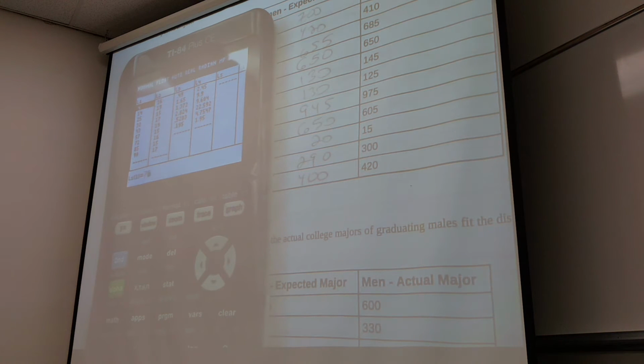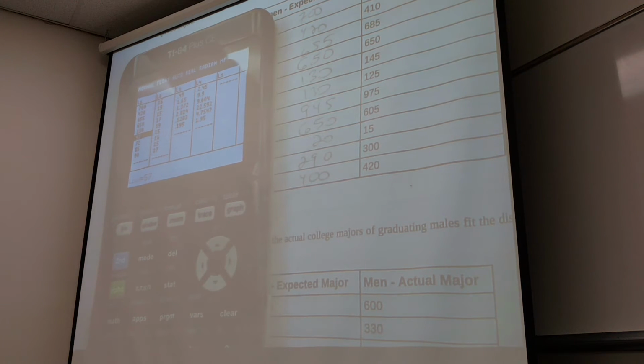If you want to, 700, 420. Because I'm going to show you how to make the calculator do this test for us too. So I might as well put them in here. All right. So this is the actual number they saw.